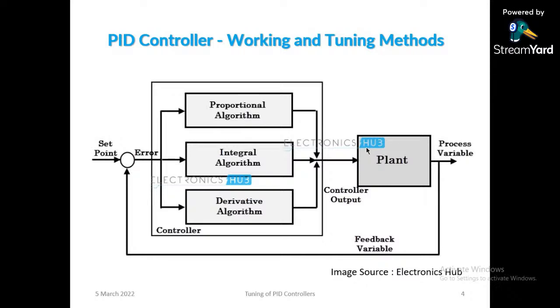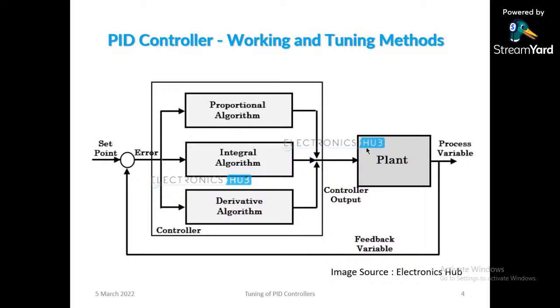Now the job of this PID controller is, it will open the inlet valve up to 35 feet. Until the tank is filled up to 35 feet, it will keep the inlet valve on. And when it reaches 35 feet, how much will the error be? 0, because set point is 35 feet and process variable is also 35 feet.